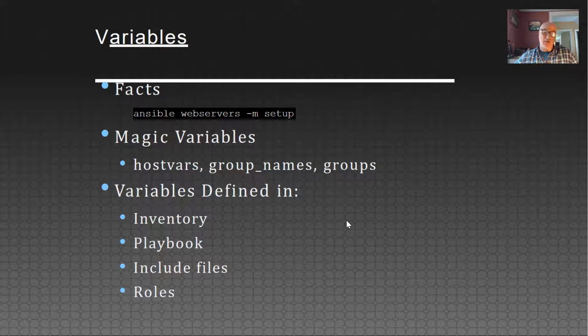You can declare variables in include files and roles. Include files and roles are pretty similar, and we're going to get to those a little bit later. Roles are where Ansible gets much more production oriented, and so we'll spend some time talking about those in the future. But variables can come from lots of different places.